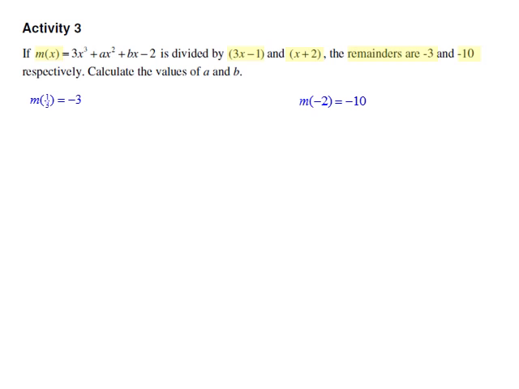If we calculate m(1/3) and equate it to minus 3, we get the equation 1/9 plus 1/9 a plus 1/3 b minus 2 equals negative 3.